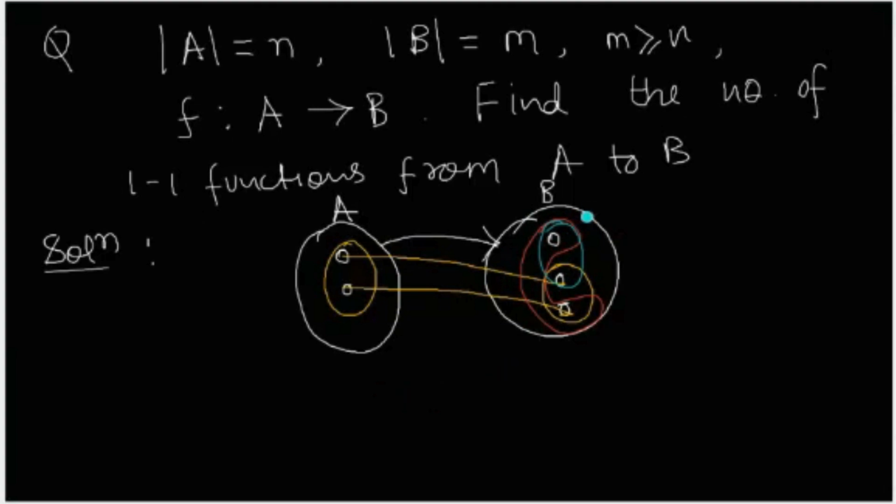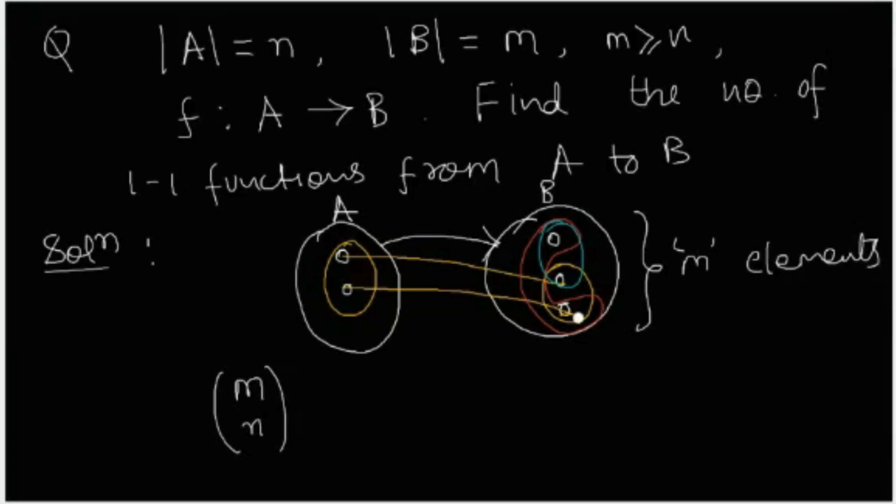So we need to first select what are the two elements to which A can get mapped in B. This can be done in mCn ways. So out of these m elements, you are selecting a set of n elements. This can be done in mCn ways.